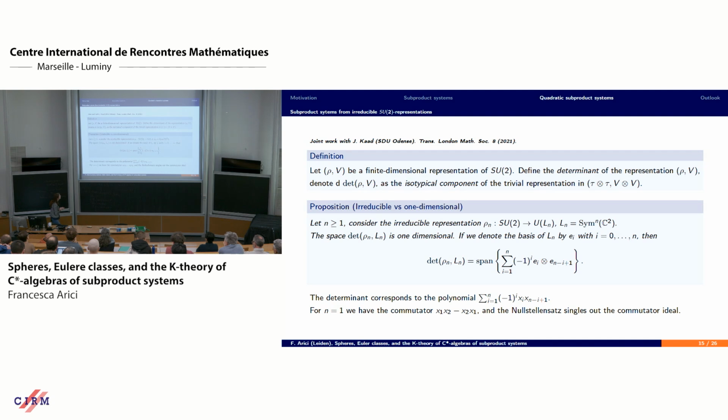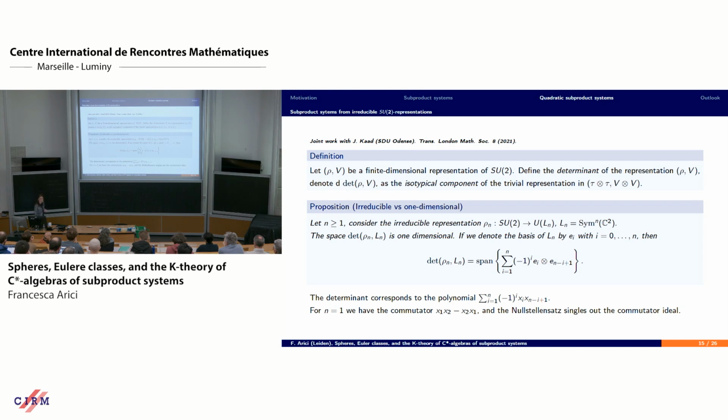So basically, if you go back to the polynomial picture that I mentioned before, this corresponds to this particular polynomial, the sum of (-1)^i x_i x_{n-i+1}. So if you do it for n equal to 1, so the first irreducible representation, which is two-dimensional, then the polynomial is the commutator.